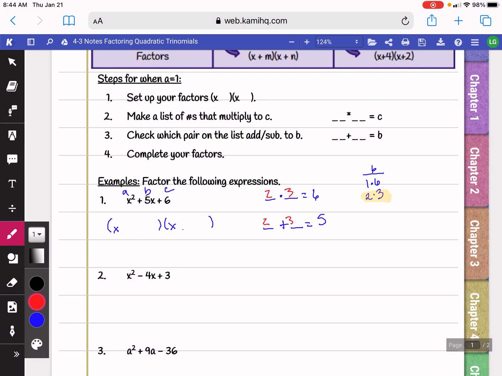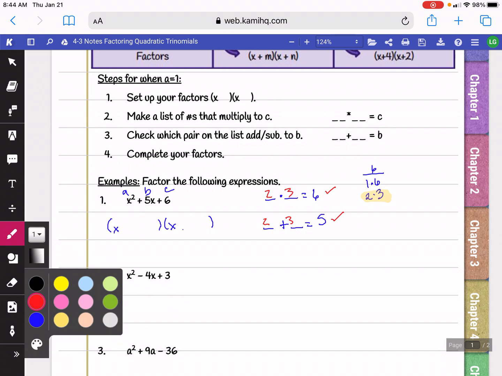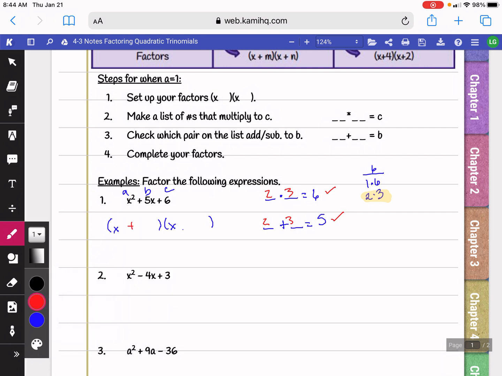If I check, 2 times 3 is positive 6. 2 plus 3 is positive 5. Since this works for both blanks, it makes both of them true. These are going to be the numbers I use in my factors. So since it's a positive 2 and a positive 3, we would put plus 2 and plus 3. So my factors are x plus 2 and x plus 3.